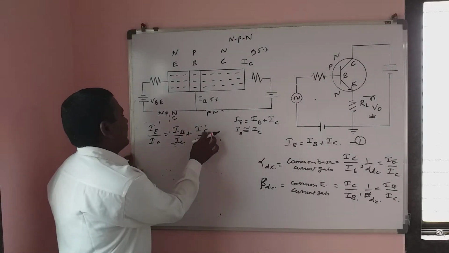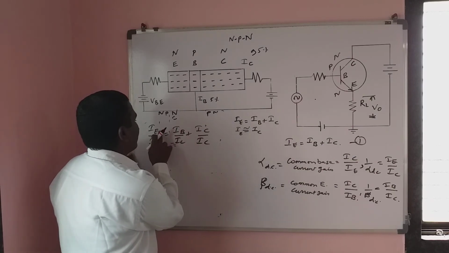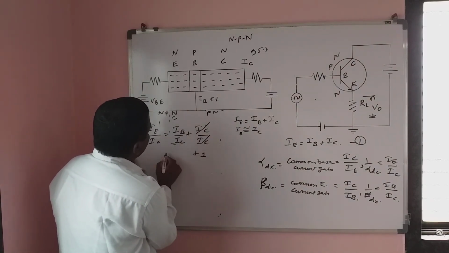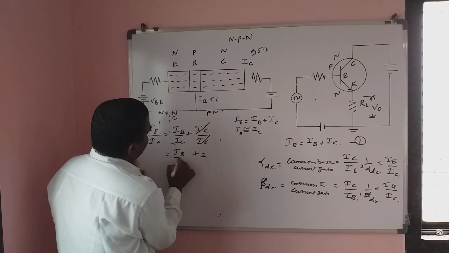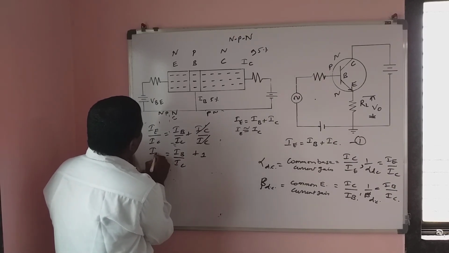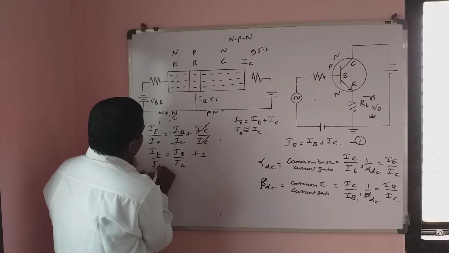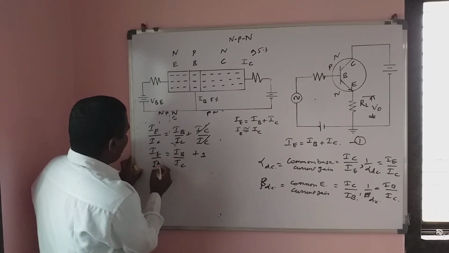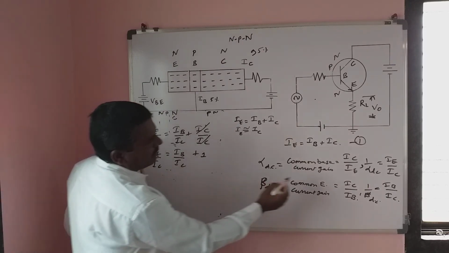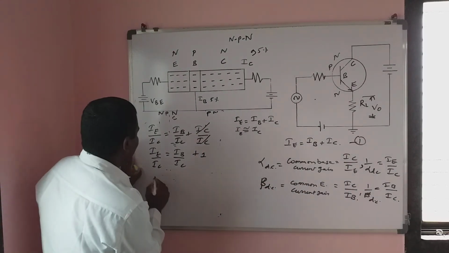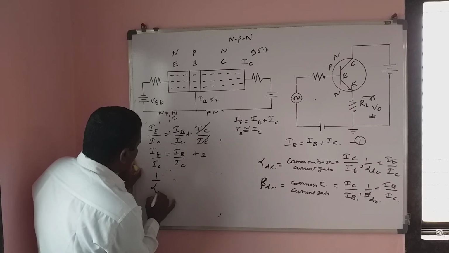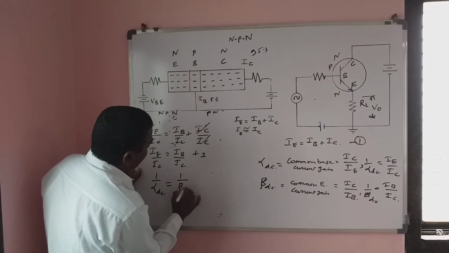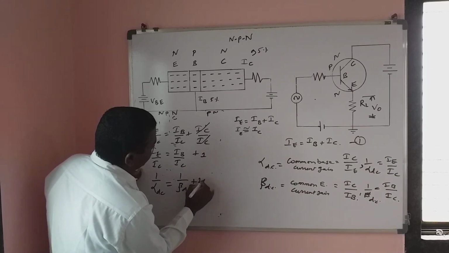Here IC upon IC is 1, so IE upon IC is equal to IB upon IC plus 1. Therefore 1 upon alpha DC is equal to 1 upon beta DC plus 1.